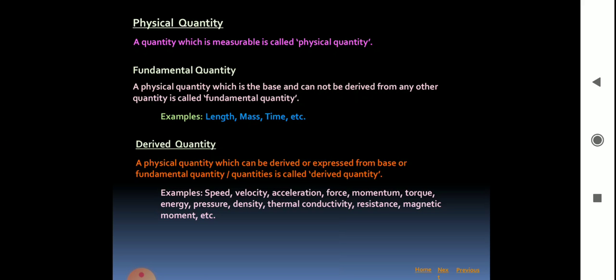quantity. A physical quantity which is the base. Fundamental in the sense it is base. A physical quantity which is a base and cannot be derived from any other quantity is called fundamental quantity.